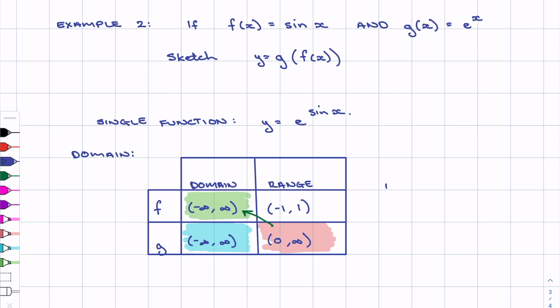Okay, so I can say range of g is a subset of the domain of f. Okay, and this will be my domain of y equals e to the sine x, this region here.